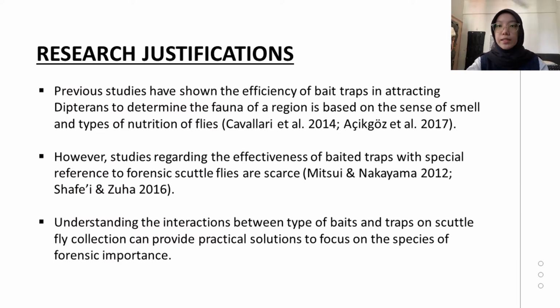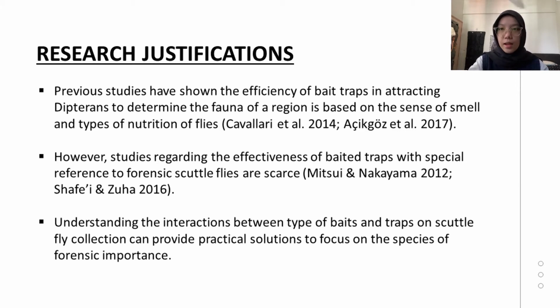Although scuttleflies have been featured in forensic cases as minimum PMI indicators, information about this fly is still limited. This is mainly due to lack of resources regarding collecting strategies that enable research to be conducted on species of scuttleflies.